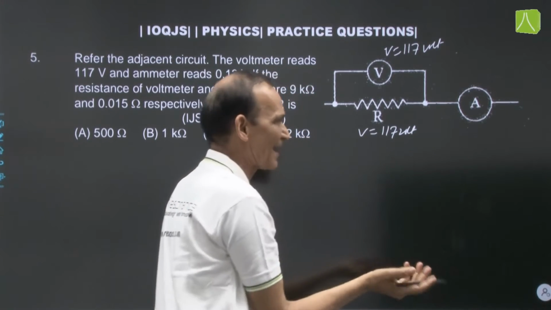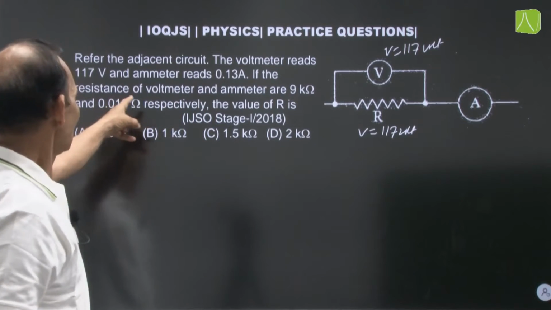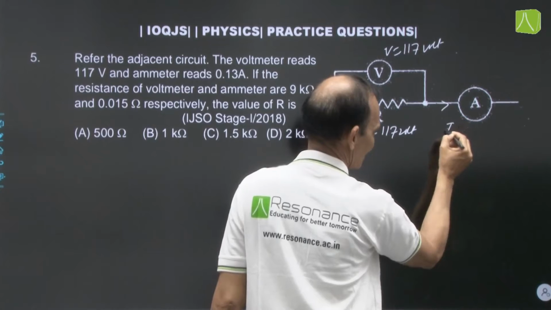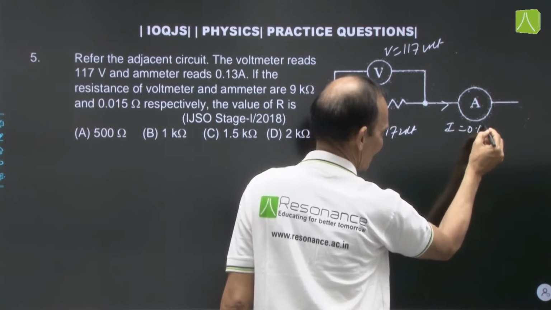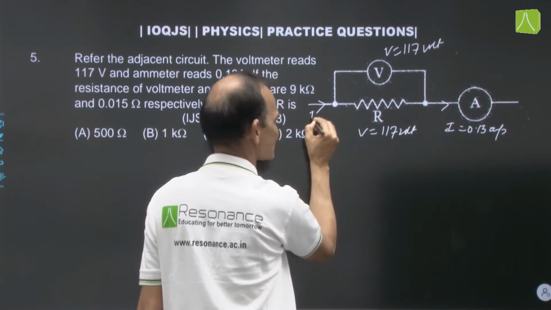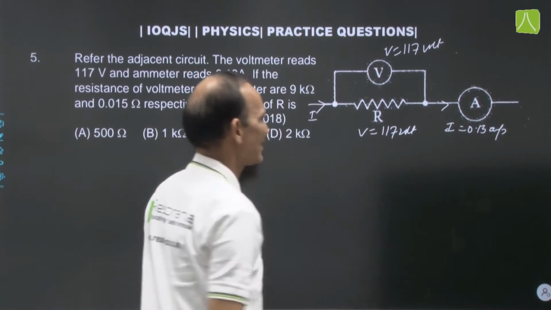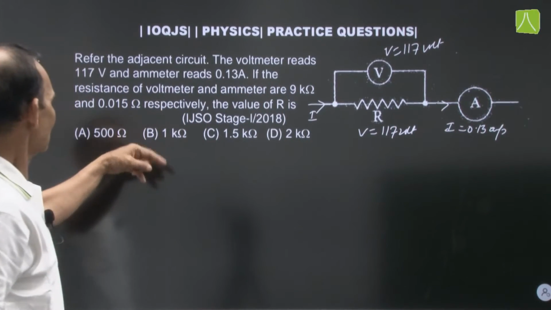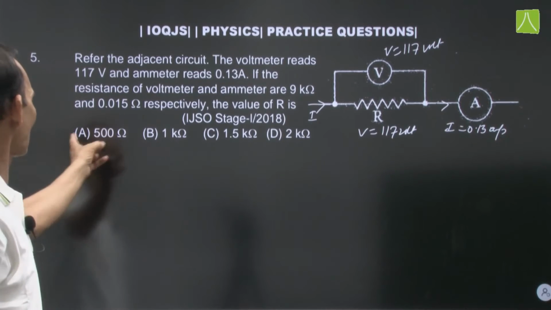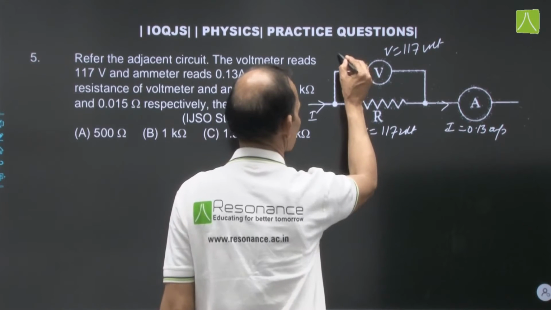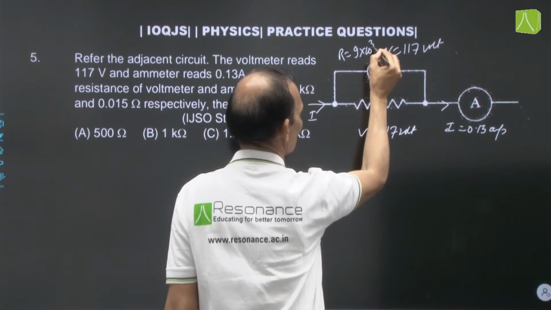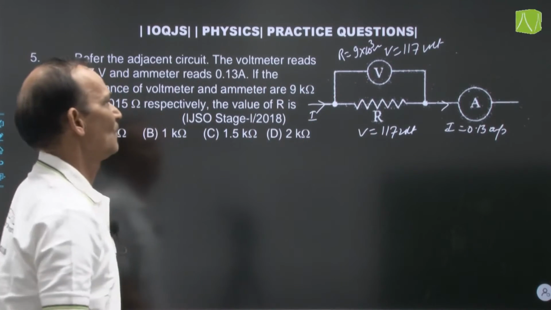The ammeter reads the total current I, which enters from here, I is 0.13 ampere. Now the resistance of the voltmeter is 9 kilo ohm, that is 9 into 10 raised to the power 3 ohm.